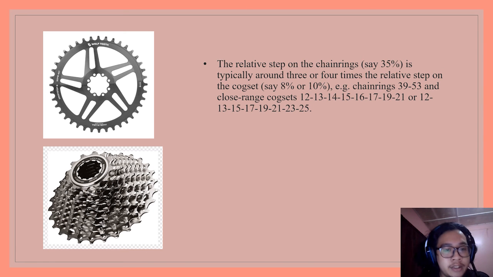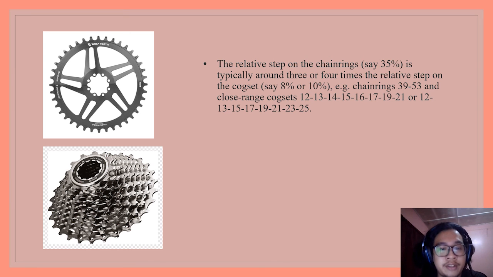The other gears that we have used, this is the chain ring, which is commonly found on the bicycle. Then the relative step of the chain ring, say it is 35%, is typically around 3 or 4 times the relative step on the cassette, say it is 8% or 10%.